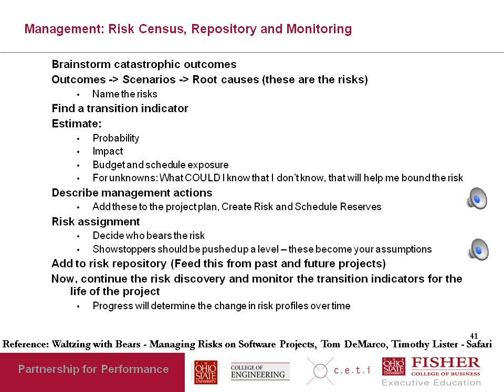Just keep in mind that as you make progress in the project, as time evolves, the risk profile, which is what risks are likely, how likely they are, what impact they might have, and so on, will change over time. So the impact of somebody leaving early in the project might be low, but it might be high once the project is 3/4 of the way through, or it might be the reverse.